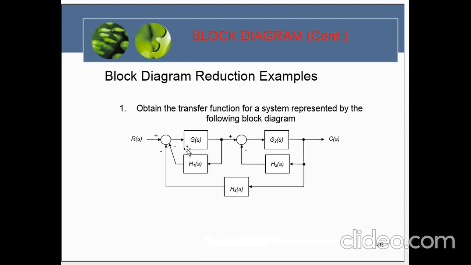The block diagram consists of 3 loops: the first loop, the second loop, and the third loop. But these loops are not independent, so it is difficult to simplify. In order to simplify this, we must separate this summing point.